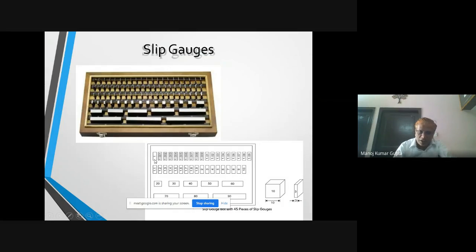So we are having the various blocks. 1, 1.001, 1.002, 1.003.